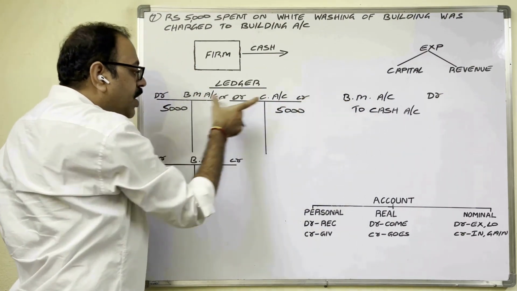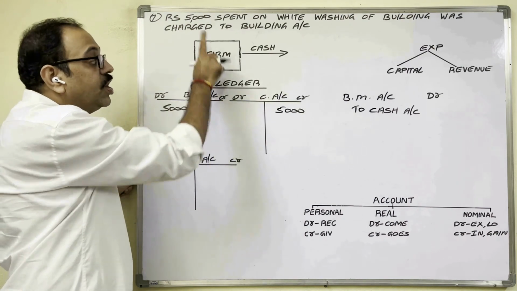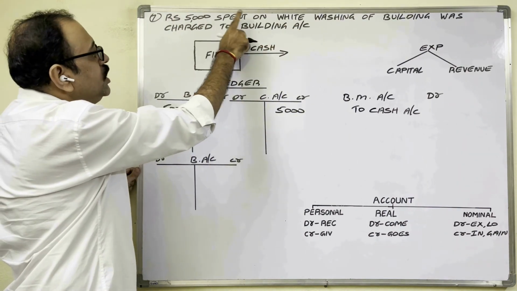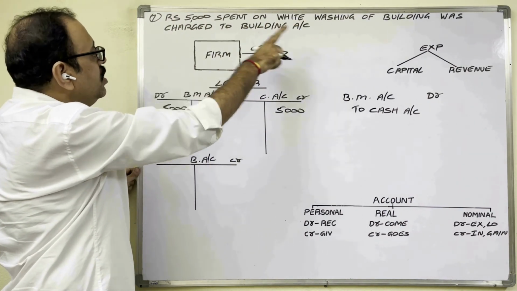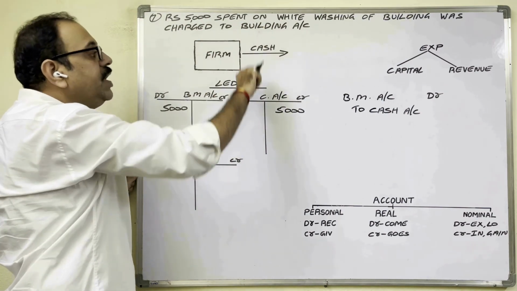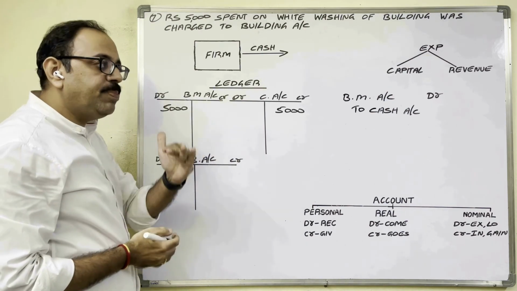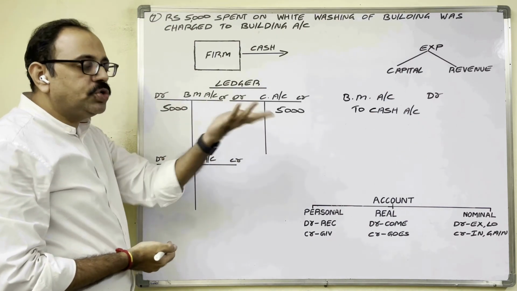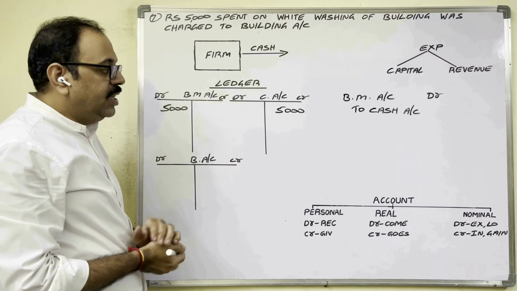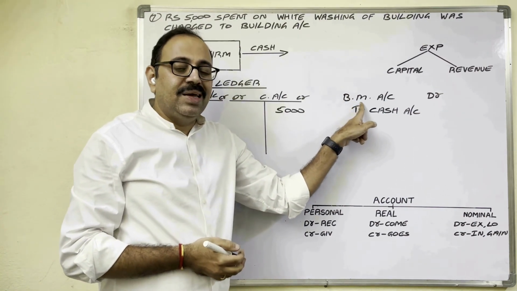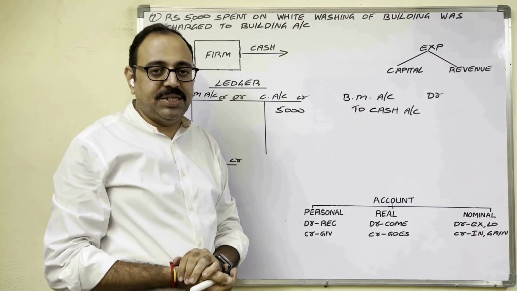Correct entry, correct posting. Now observe what is the mistake. 5,000 spent on whitewashing of building was charged to building account. So the accountant thought that we spent this expenditure for the building, therefore building is to be debited. This means a revenue expenditure is treated as a capital expenditure.